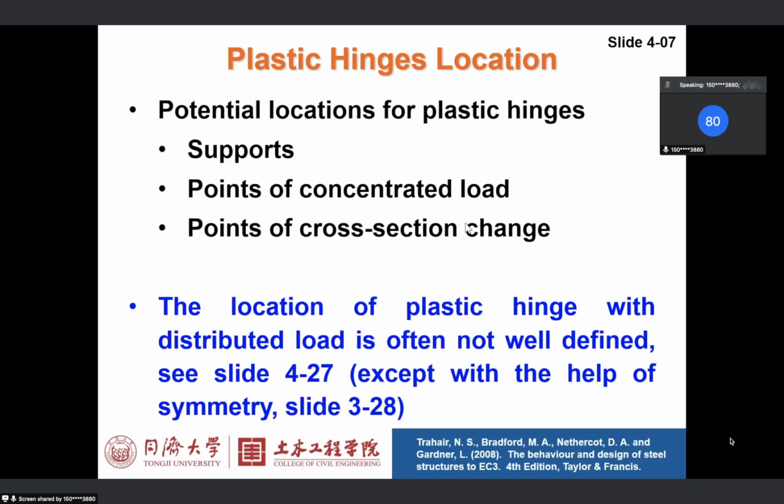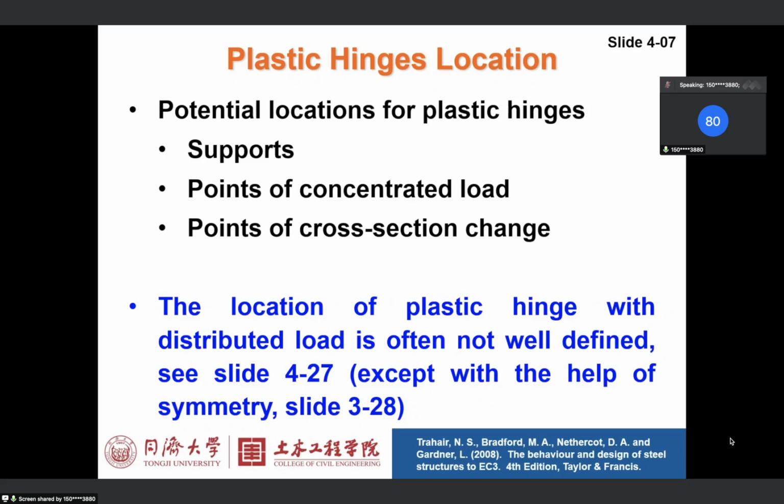If a beam has two cross-sections, the cross-section change could have plastic hinges. However, as I mentioned, the exact location of the plastic hinge with distributed load is often not well defined. I'm going to show you an example later on, except with the help of symmetry. For certain conditions, we may be able to determine the exact location of plastic hinges, but for most cases, it's quite difficult.